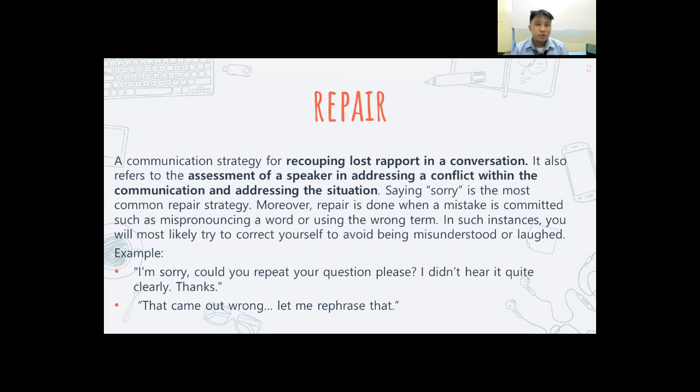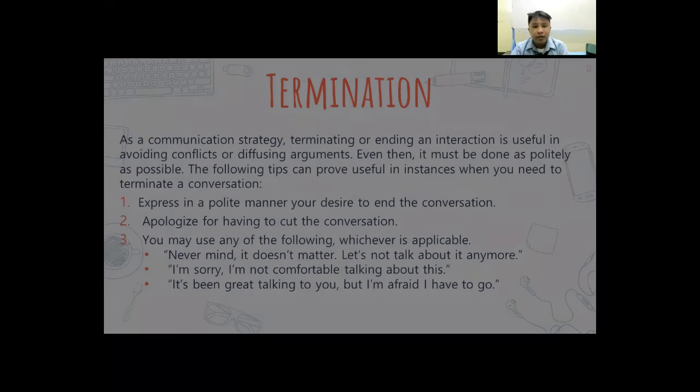You're trying to recoup lost rapport in conversation. So you are trying to repair it by saying sorry and then repairing it as well by correcting yourself, either in pronunciation or in using the vocabulary, or even in choosing your pool of words and stuff like that. So that is repair.